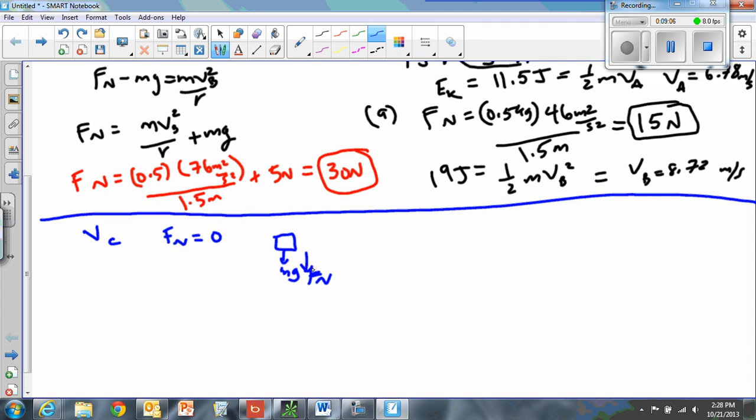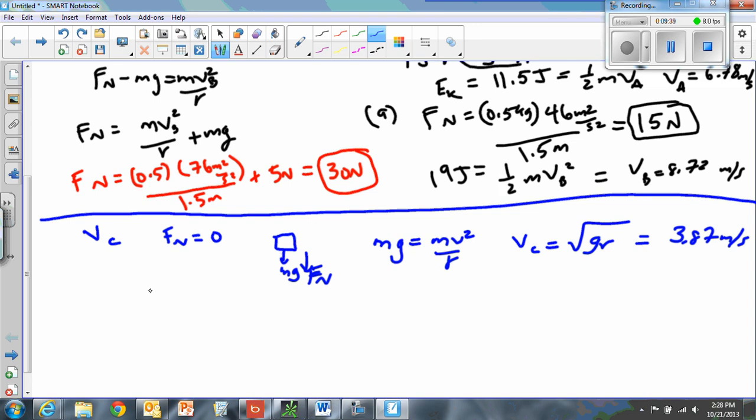If Fn is 0, then all that's providing my centripetal force is mg equals mv squared over r. Vc would equal the square root of gr, and that's going to equal about 3.87 meters per second, a little less than 4. So it's got to be moving at 3.87, not faster, not slower.